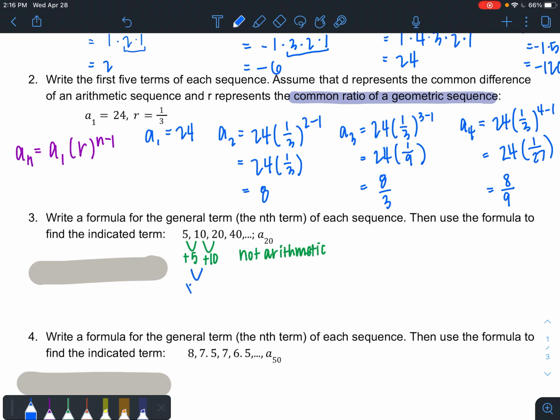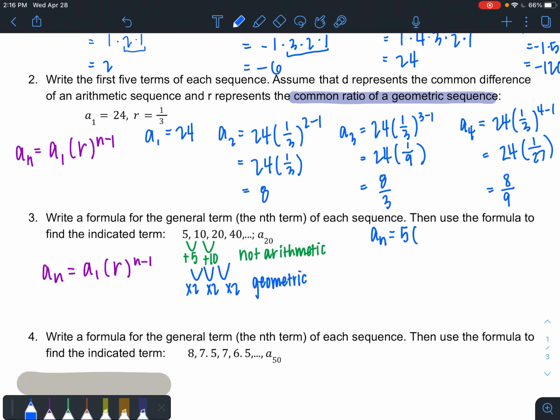So I have times 2 to get 20, times 2 to get 40, so it's definitely geometric. So to find my general term, I need this equation. So a sub n equals my first term times my common ratio, 2 to the n minus 1. So I need this for my answer.